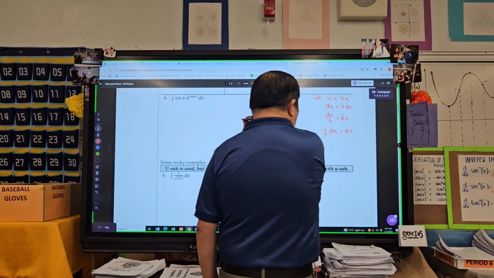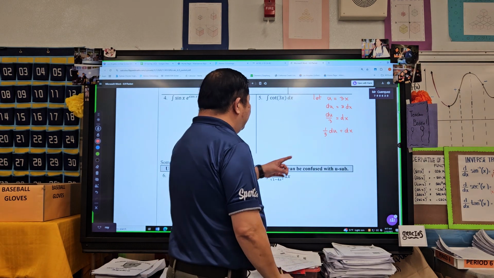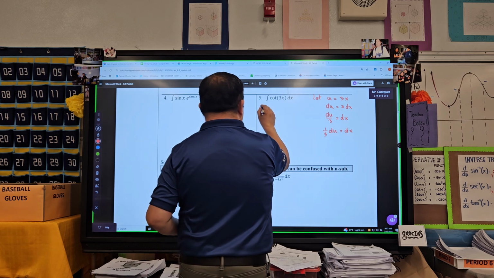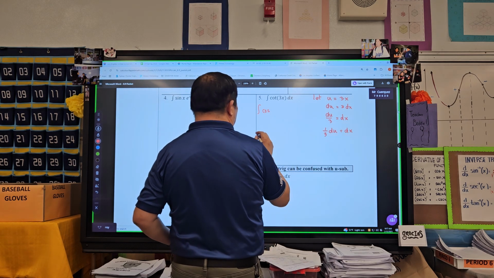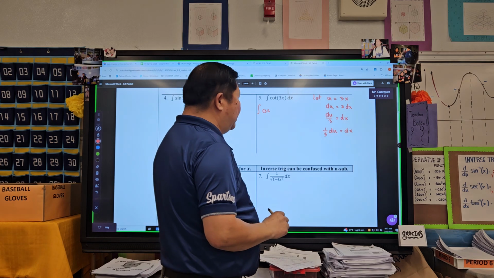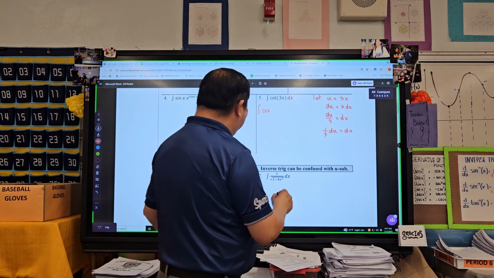So, which means we're gonna have the integral of cotangent. Cotangent, sorry, thank you.